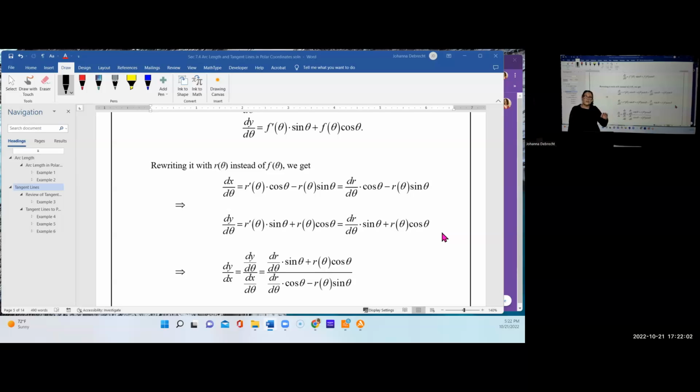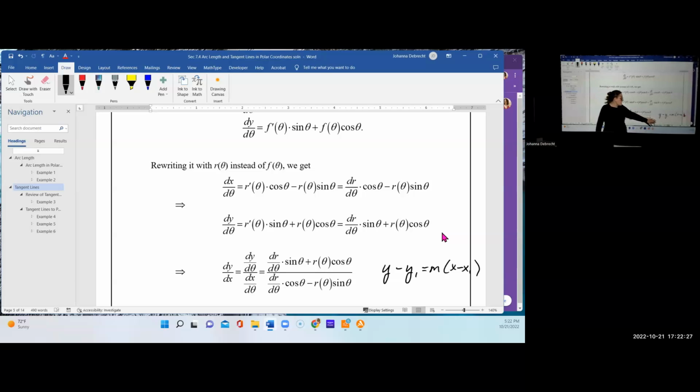Now, remember, in order to write the equation of the tangent line, what we typically want to look for is y minus y1 equals slope times x minus x1. So when we're looking at that, remember that this is all in rectangular coordinate systems. So this m that we got is in the rectangular system. It is dy dx.